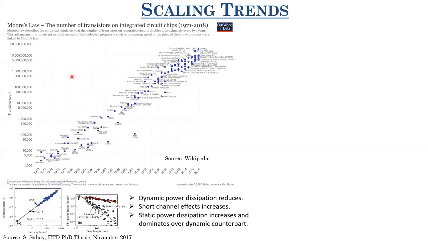Earlier, the main goal of VLSI design was to reduce the area, because they thought area is proportional to cost, and when they were decreasing the area, they were also getting the benefits of increased speed and reduced power. However, the moment they hit this crossover point, the static power dissipation increased, and now they have to worry about it too, because it is now the dominant component, right?